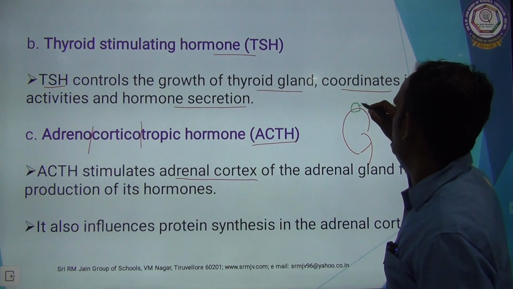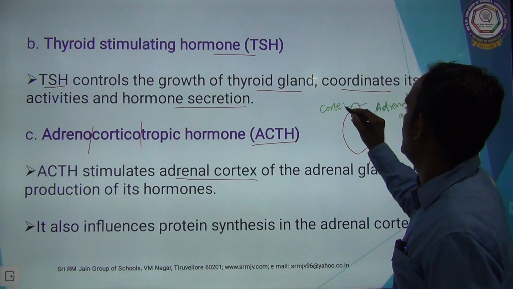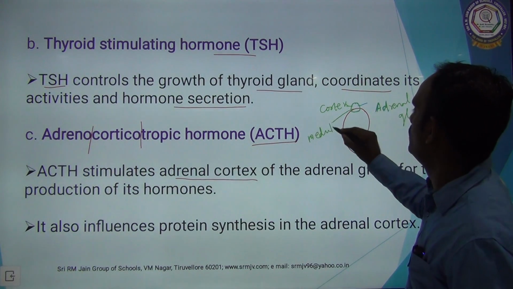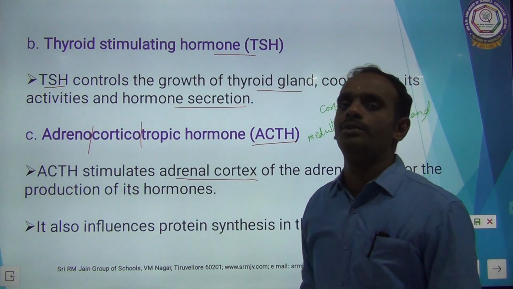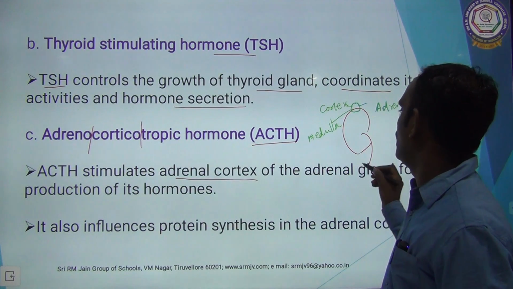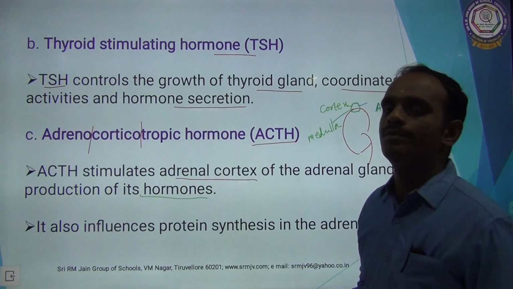In that, the outer part is called the cortex and the inner part is called the medulla. So ACTH, adrenocorticotropic hormone, stimulates the adrenal cortex of the adrenal gland to produce its hormones.